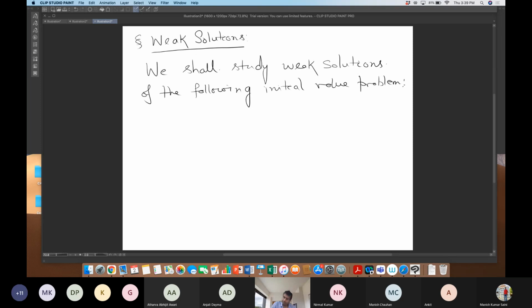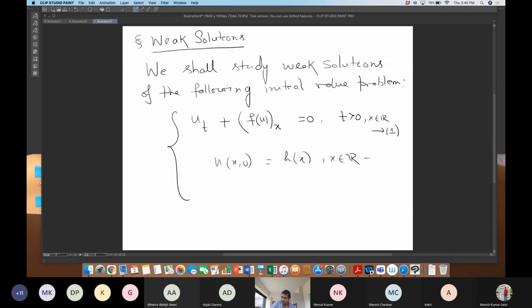That is the first order. Consider the problem u_t plus f of u_x equal to 0, t positive and x in R. This is your equation 1, and the initial condition, u at x, 0 is equal to h of x, when x belongs to R. This is condition number 2, where f from R to R is given to be a continuous function.